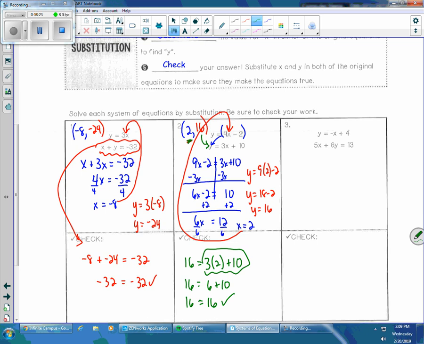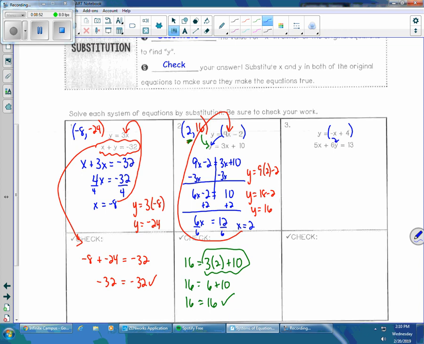Okay. Number 3 is probably the most complicated one that we've come up with so far. Again, it's not super bad. Just stick with me. We have one equation that's solved for y. So y equals -x plus 4. I'm going to put parentheses around this entire thing because that's what y equals, and I can pick up that entire thing and put it into this equation in place of the y.